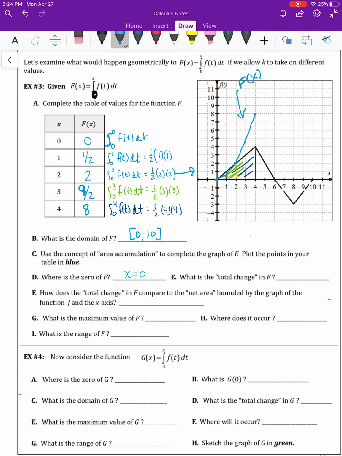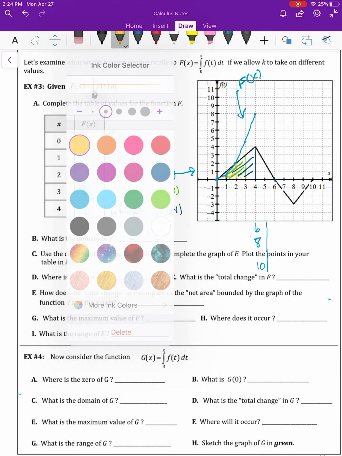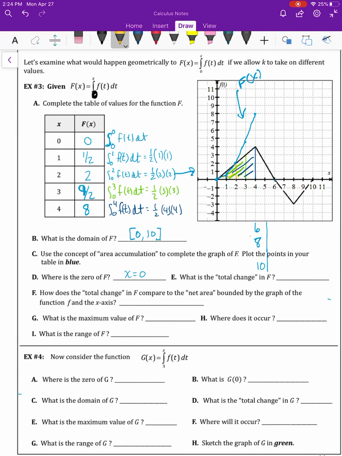So what I did was I also looked at it at 6, and I think I did 6 and 8 and 10. So I just want to let you guys do that also, because I think it does help whenever you're trying to answer some of these questions, because then you can get a good idea of what your capital F looks like.